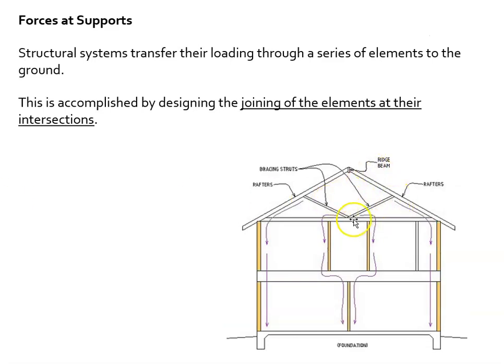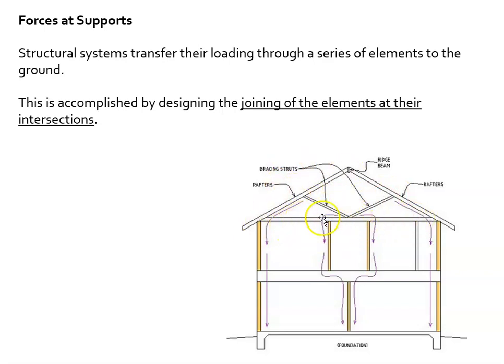Forces at the supports. So here's a framing plan. Structural systems transfer their loading through a series of elements to the ground. This is accomplished by designing the joining of the elements at their intersections. So here is a cross section through a house. Here's the ridge beam, rafters, bracing struts up in the attic space. Those are our rafters.